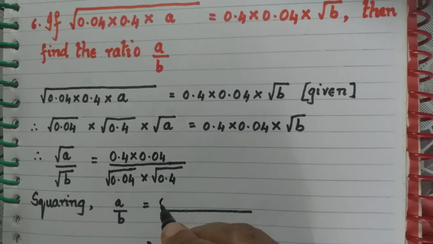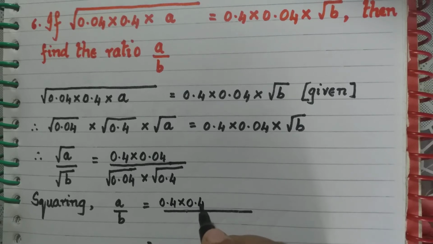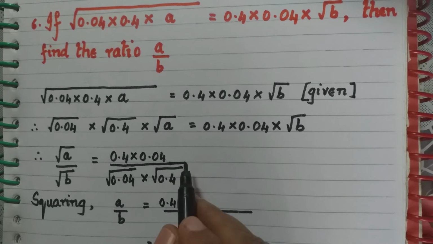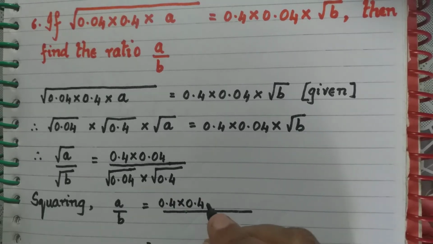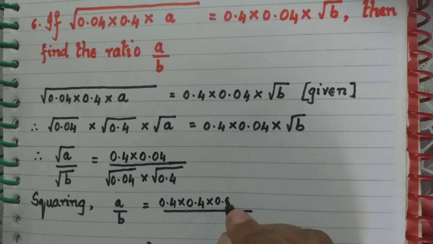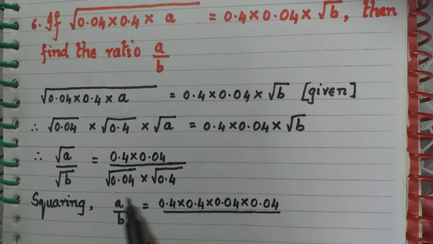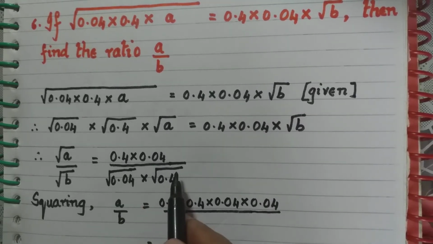That I will write it down here. And here I have 0.04. So 0.04 into 0.04. So I write here 0.04 into 0.04. Now, in the denominator when I square, again here there are square root signs.